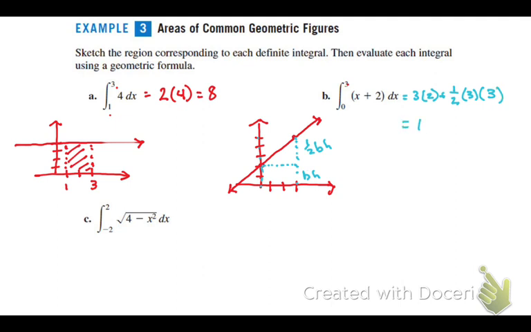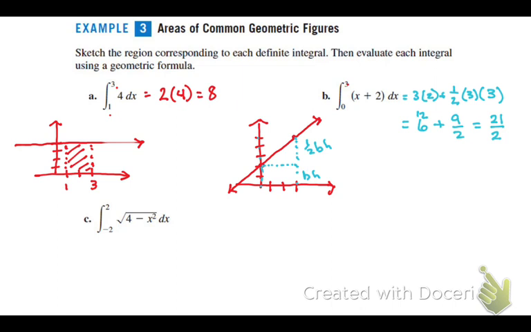So I get 6 plus 9 over 2. So 12 plus 9 is 21, so 21 over 2. And just so you know, the area of a trapezoid is 1/2 the height times base 1 plus base 2. But wasn't it easier just to do what we did? Yeah.